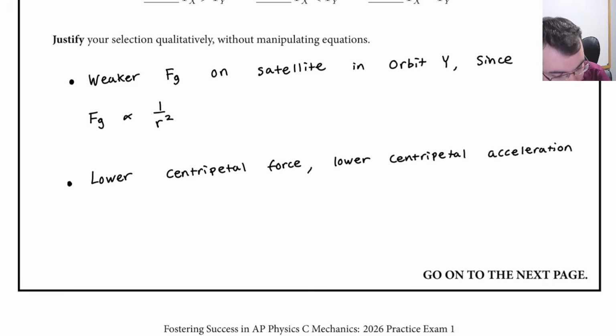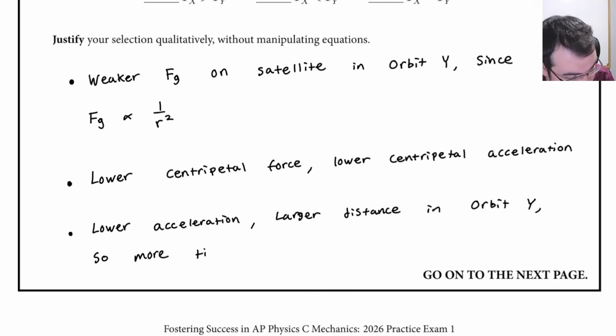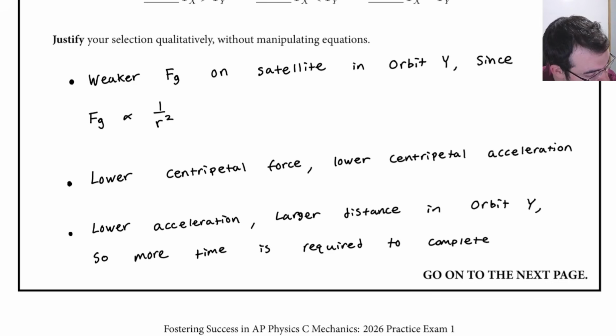So we would also reason that we have a lower acceleration and larger distance in orbit Y, so more time is required to complete one cycle, one orbit.